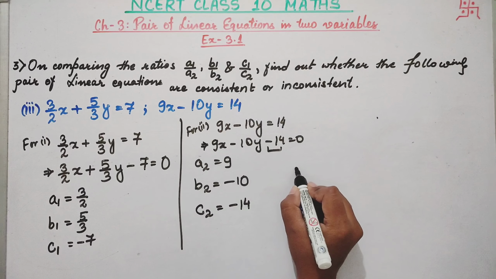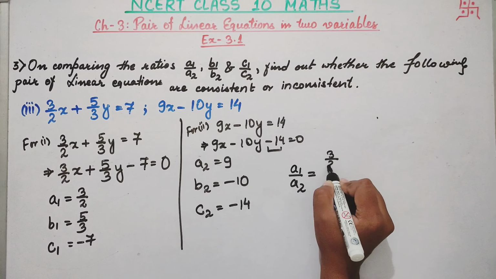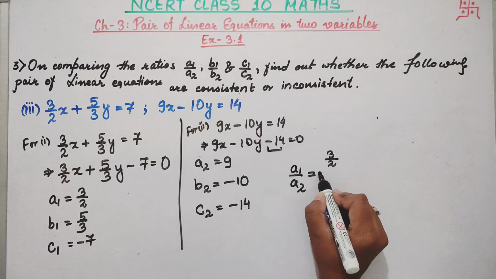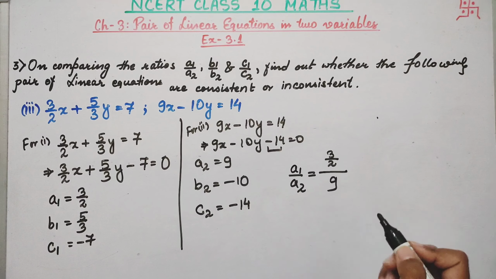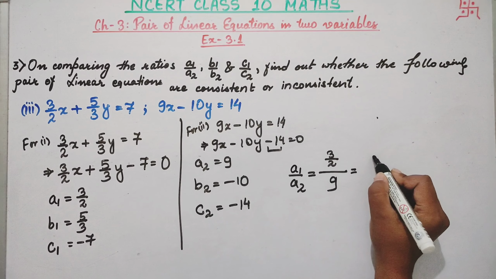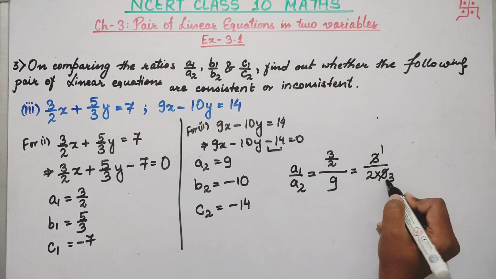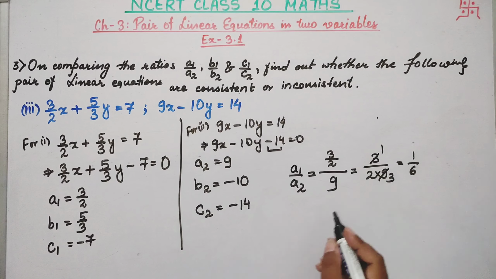Now let us check. a1 by a2 is 3 by 2 divided by 9. So it will be 3 by 2 into 9, which is 1 by 6.